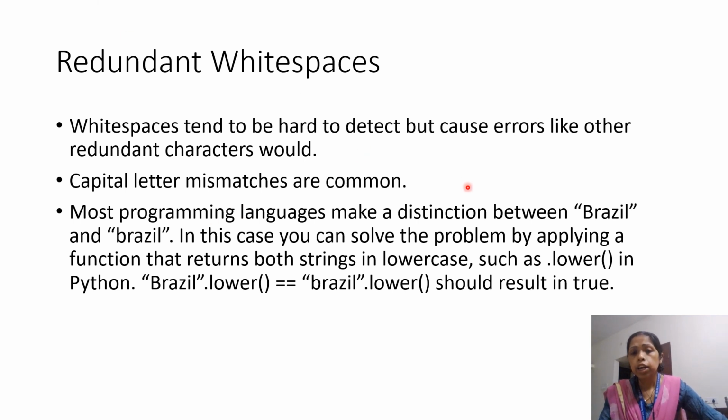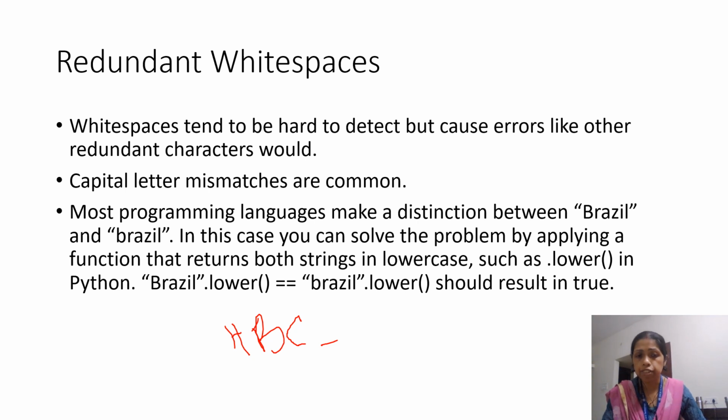Redundant white space. Normally we can see redundant white space in two ways. One is, suppose we are writing A, B and C, and after that you have given one space.